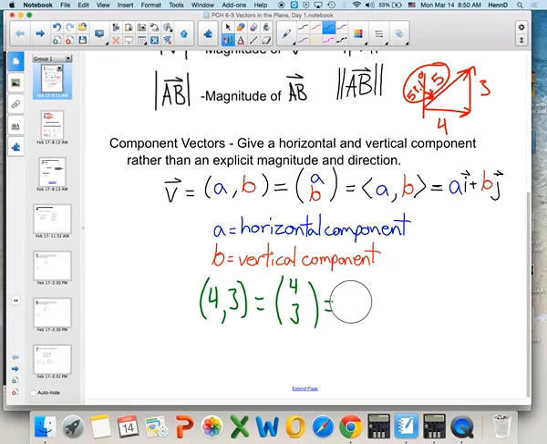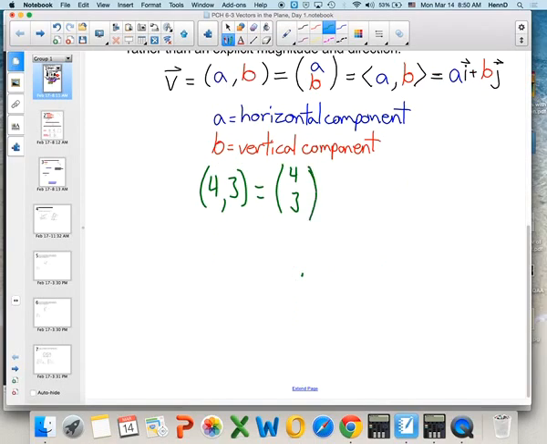Or I could write it like this as vector AB. A lot of times people will prefer one of these two middle ones to avoid it looking like a point, because that's another issue when we're dealing with vectors, it's very easy to mistake a point for a vector or a vector for a point. So that first notation, while it is really common to see it this way, sometimes can be confusing.